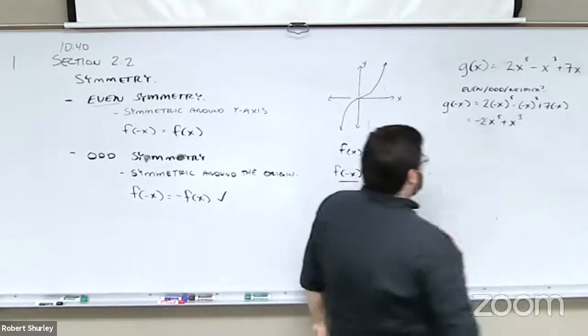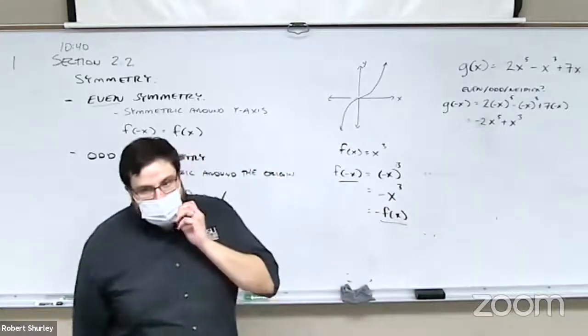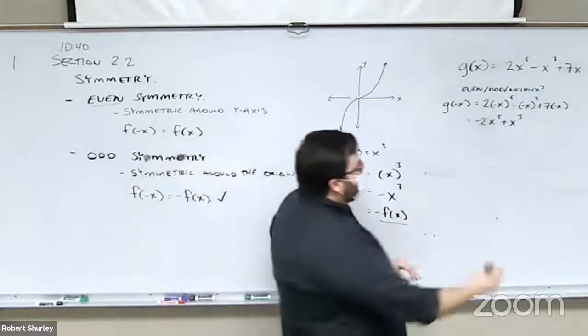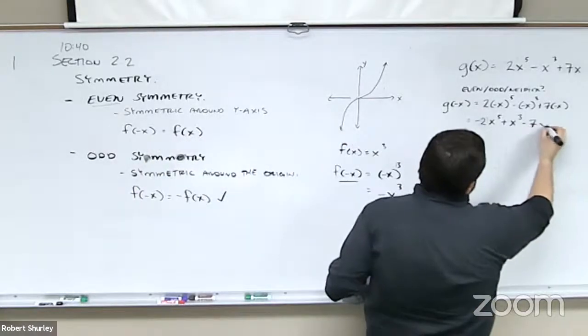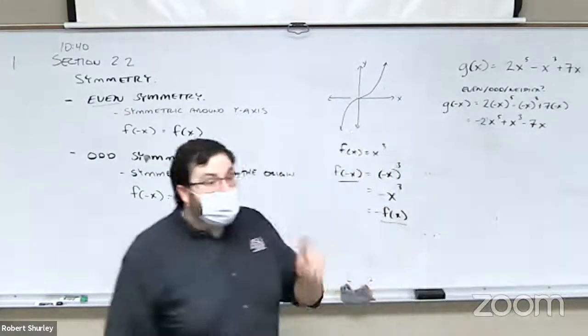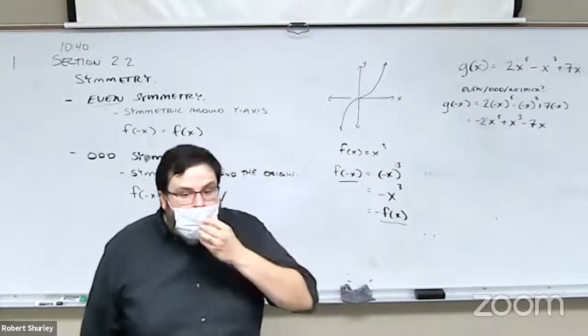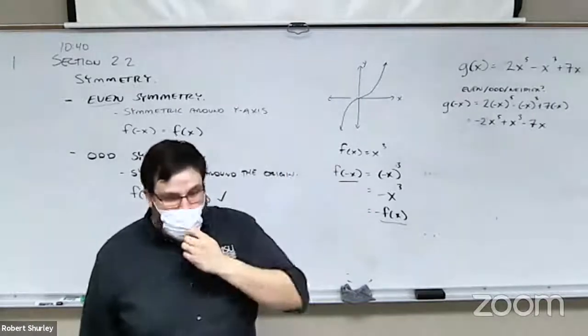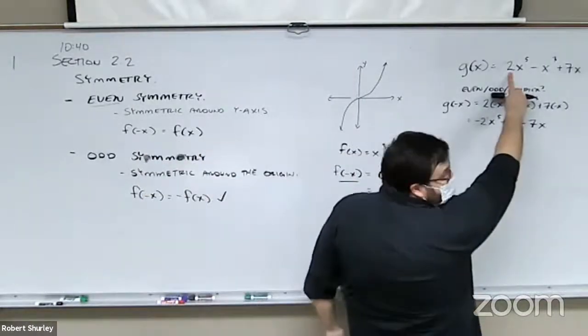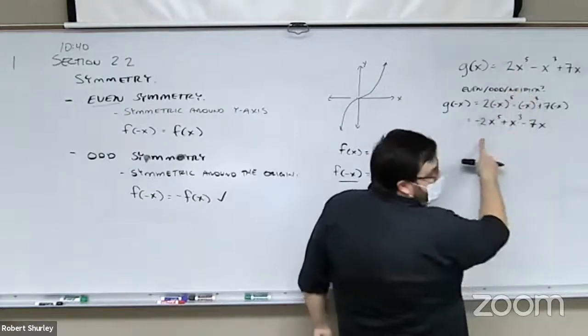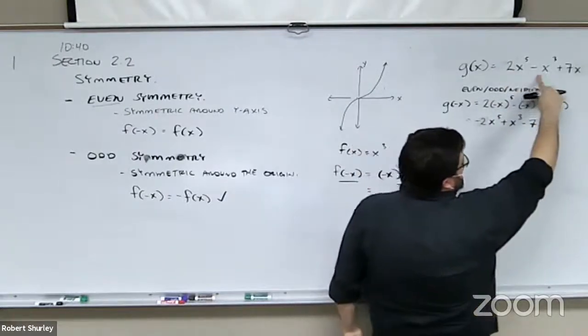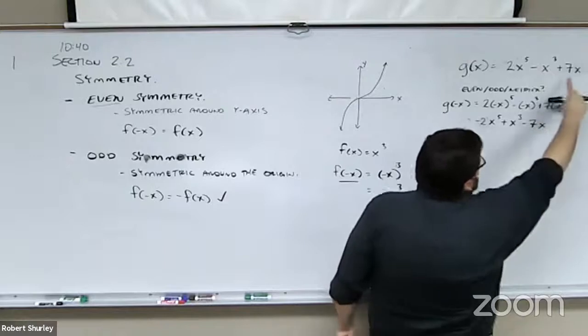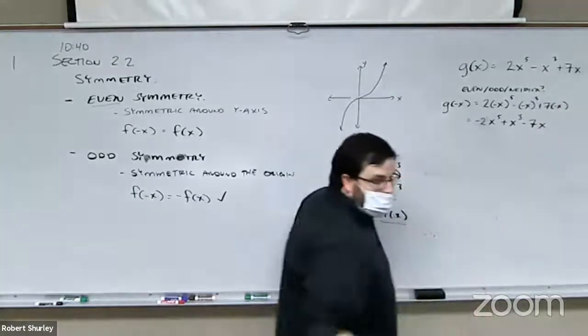Only in math, 2 negatives make a positive. And then lastly, you've got minus 7x. The trick here is that every single term's sign changed. If you go back to the original, the first term was 2x to the fifth, now it's negative 2x to the fifth. The second term was negative x cubed, now it's x cubed. The last term was 7x, now it's negative 7x, right?